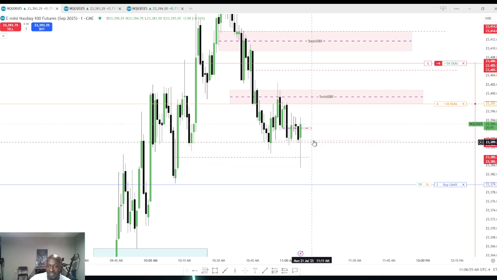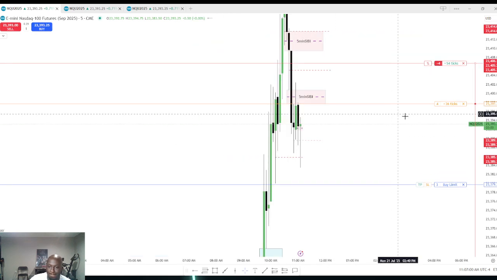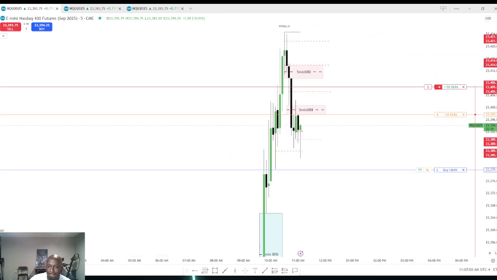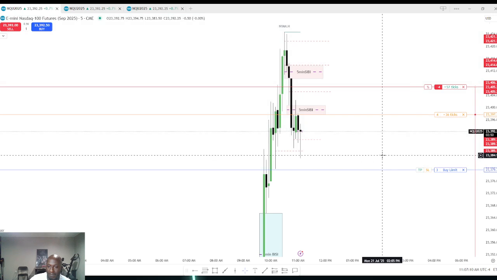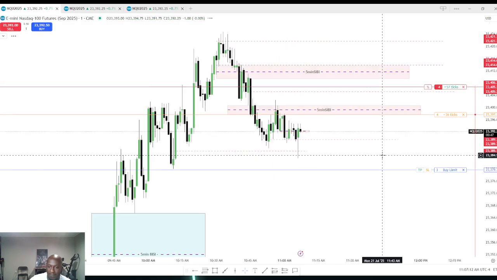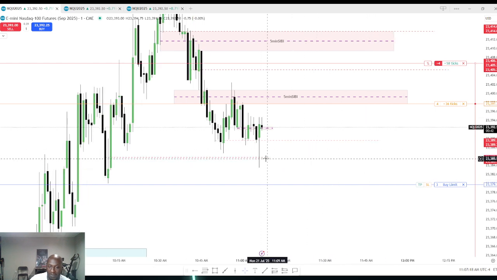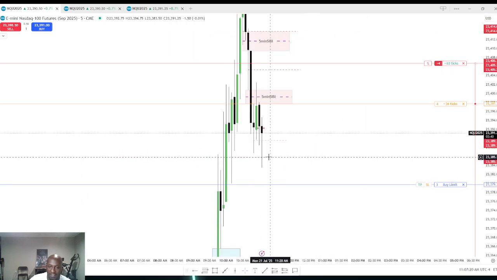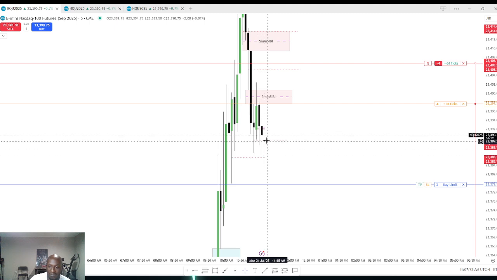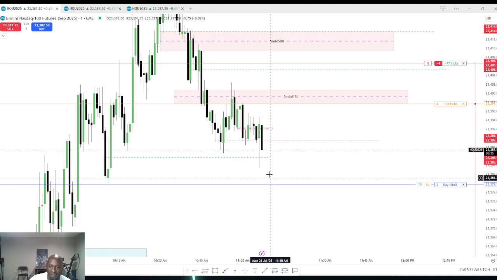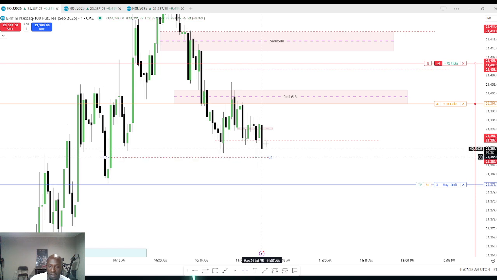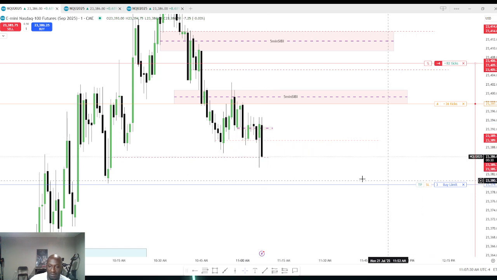But with us not closing below this, we're back up above the 5 minute. We wick down into this 5 minute. Again, I want to see something close below it. Wicking's fine, but I want to see a close below it.